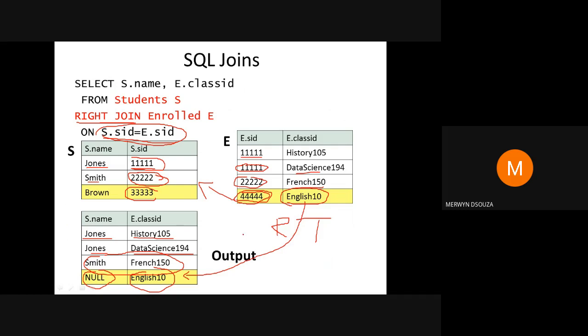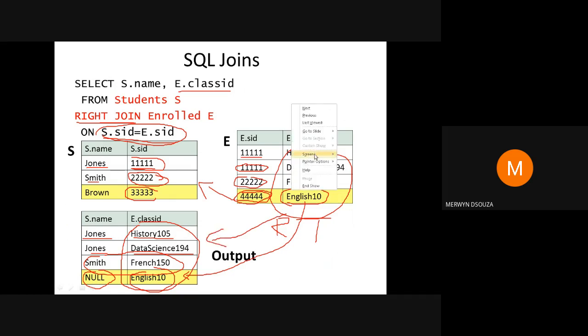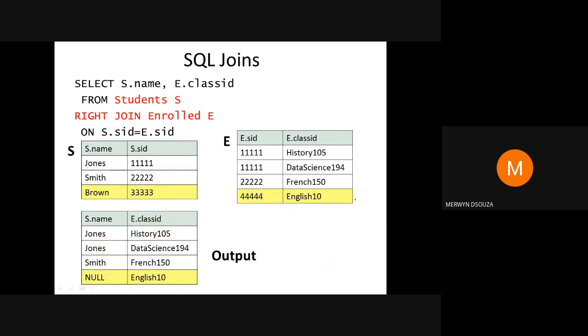If no match is found, it will show a null for the corresponding left table value, but it will surely display all the data from the right table. You can see this is all the data from the right table, which is your class ID. That entire data is surely displayed.